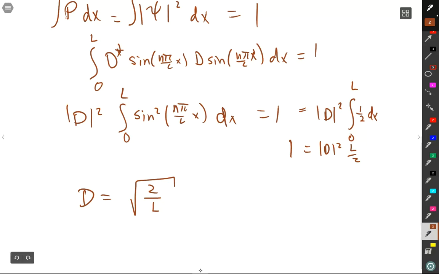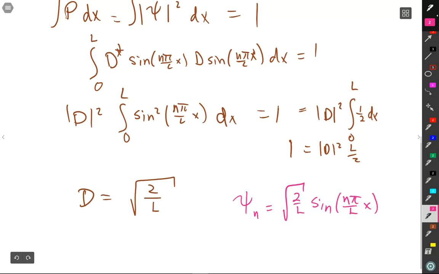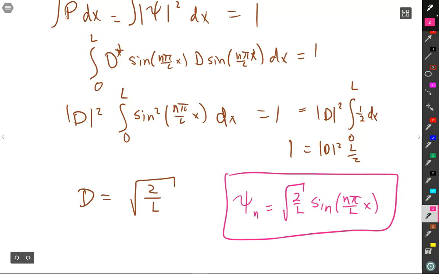Okay, so this is the normalization constant. So now I have a more complete wave function. That is the complete wave function now. So this is called normalization. What I did here, I could ask you to normalize it.